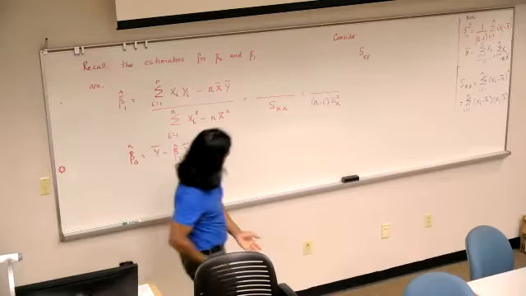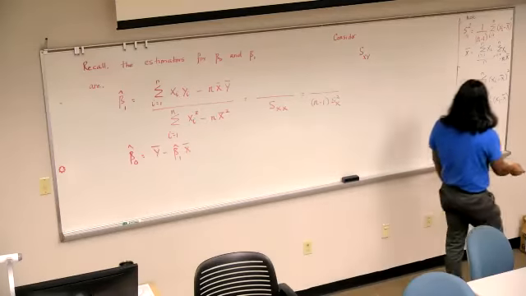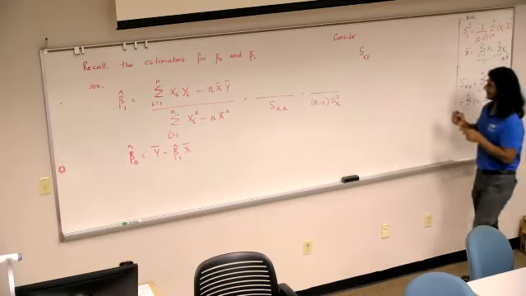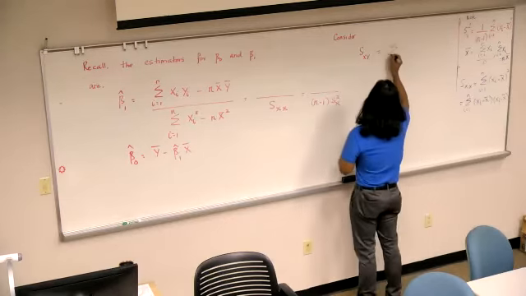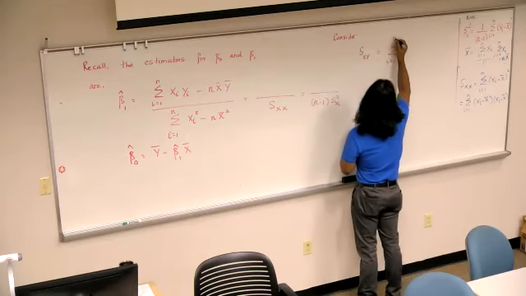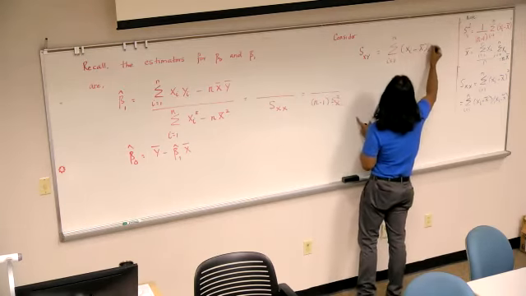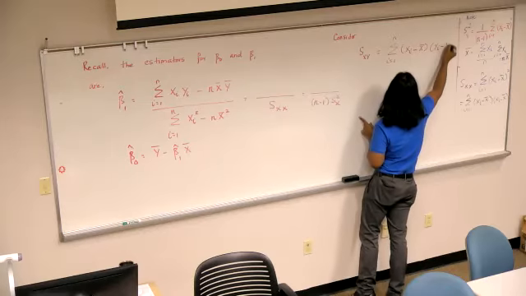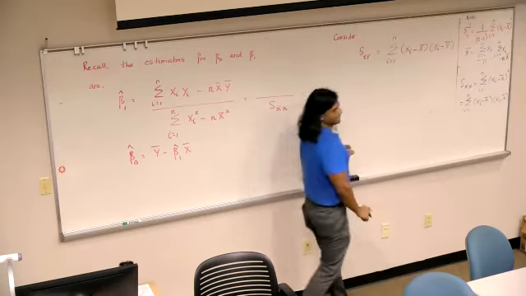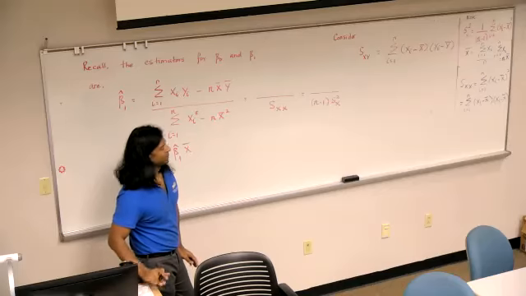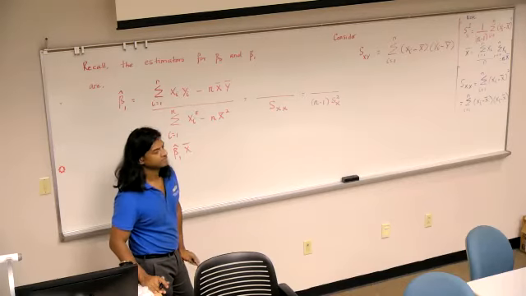So I wrote it as Sxx because that part is x, that part is x. If I use the same logic, that will be the sum from i equals 1 to n of (xi minus x bar)(yi minus y bar). Good.